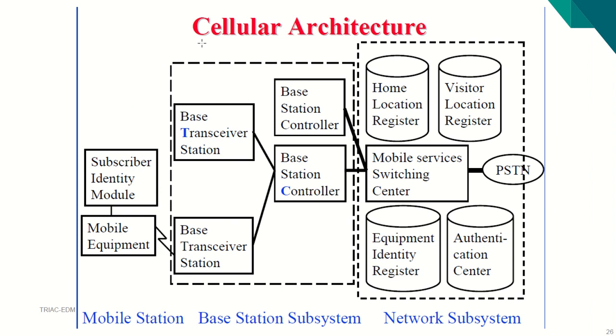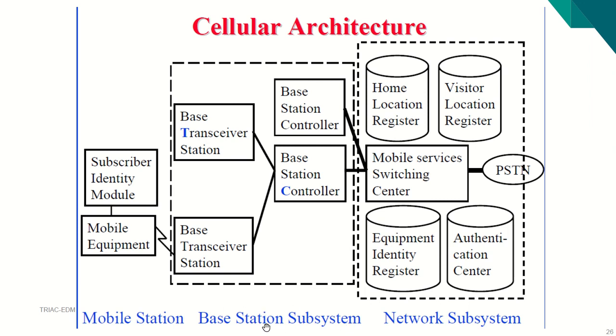So here is the cellular architecture. Here we have a subscriber identity module, and then mobile equipment, and it connects to the base transceiver station. So here is a connection between your device and the base station, and this is of course a fixed station on the ground, and this is the mobile one.